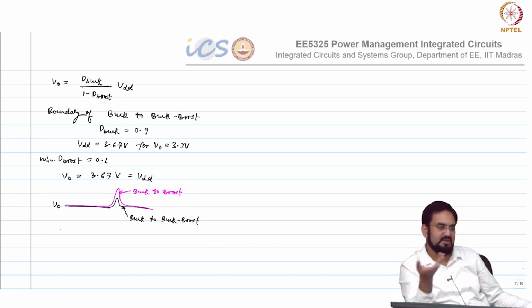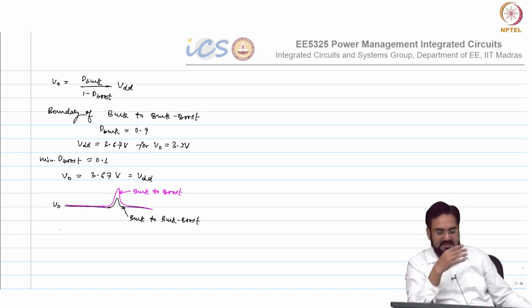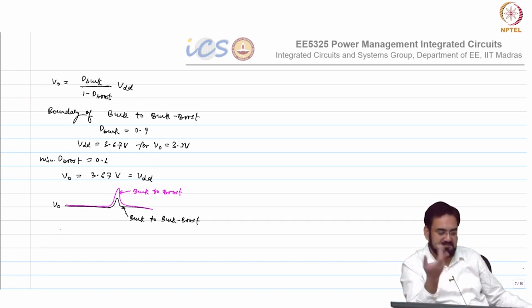So in both the cases you are basically not meeting the regulation spec. And if you are using, let us say, 3.3 volt devices, that supply is fixed, then at 4 volt the devices may get damaged also. So this is undesired behavior, and we need to fix this.